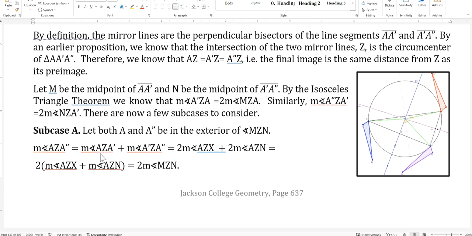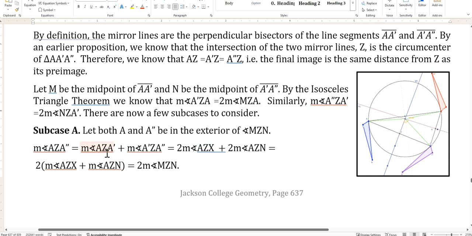We take the measure of A, Z, A prime. That measure plus the measure from A prime Z to A double prime together are going to give us the measure of the angle from A all the way around here to A double prime, because of the order of these rays here.